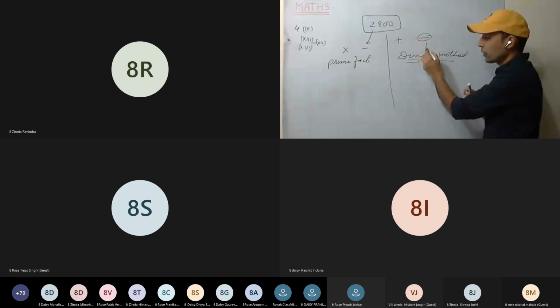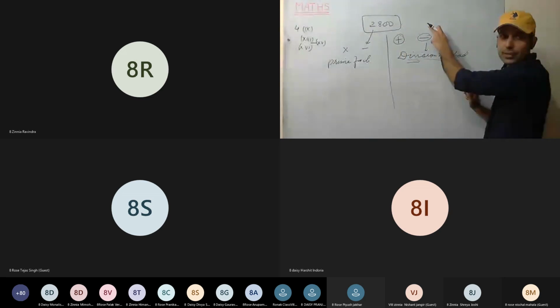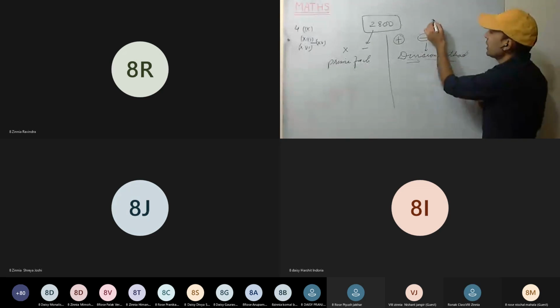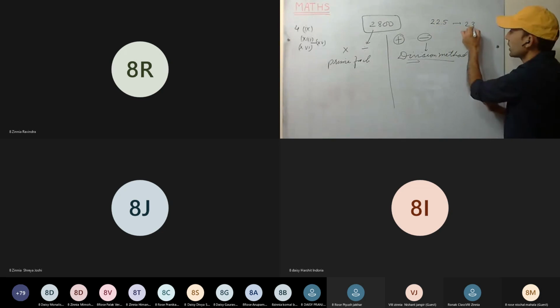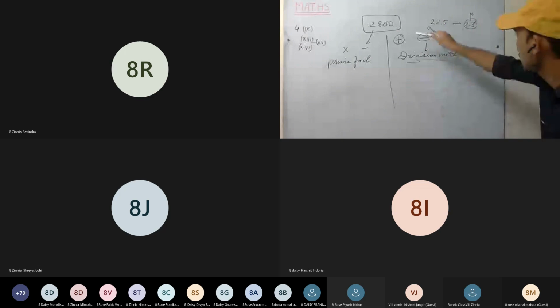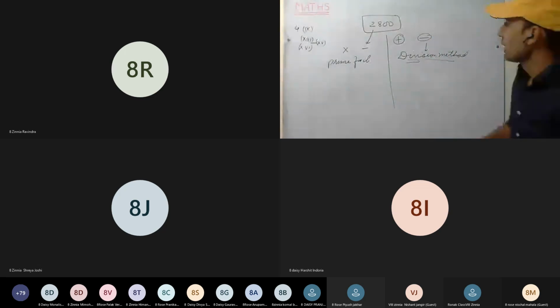To subtract, we require the remainder. To add, first we require the quotient, then add 1 to the quotient. That is, if it is coming 22.5, we'll take 23, its square will be made, and then whatever the difference comes, that will be subtracted. Okay, it's not for this one. Is this clear?